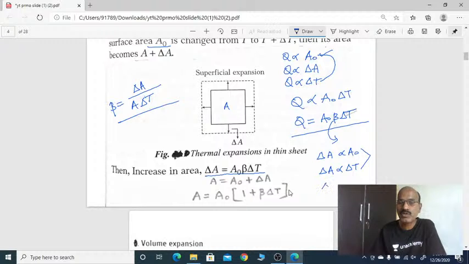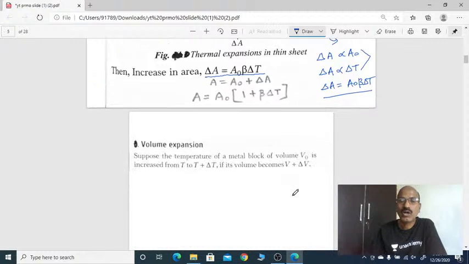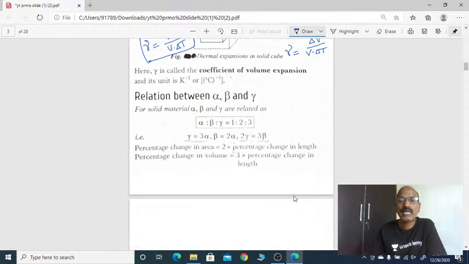Combine these two, increase in area is equal to A0 beta into delta T. So beta equals increase in area by original area into rise in temperature. So alpha, beta, gamma, what is the relation? We all know 1:2:3. So alpha by 1 equals beta by 2 equals gamma by 3.